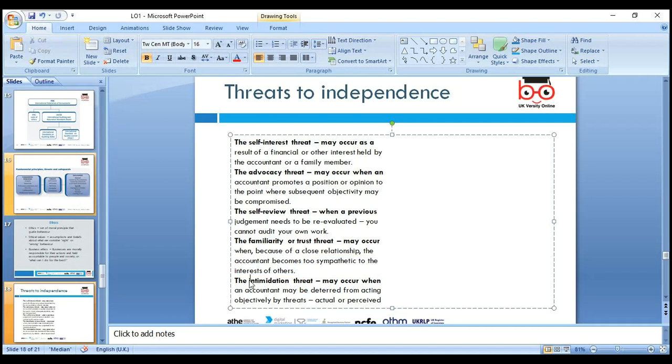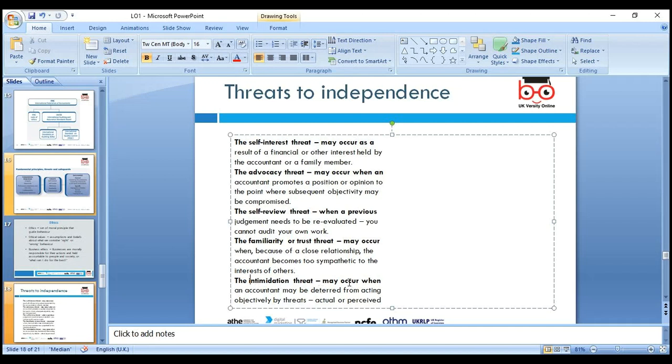Intimidation threats may occur when the accountant is deterred from acting objectively by threats, actual or perceived intimidation. If you don't do it, you will be sacked from the job. If you disclose this information to someone, you will be sacked from the role, because of your professional duty: if any fraud happens, you're supposed to tell the authorities.